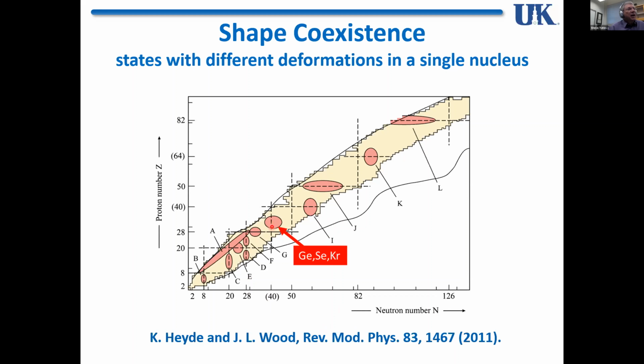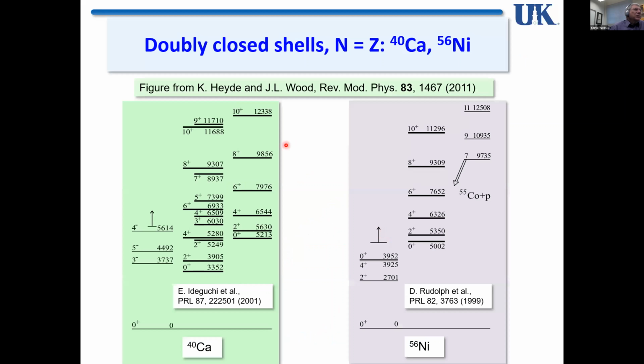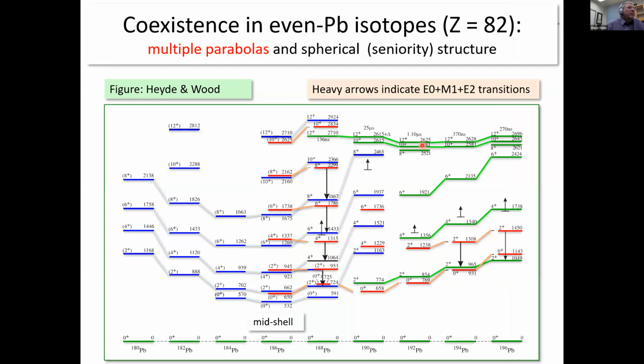And it's interesting how all of this occurred. But usually when we look at shape coexistence, we look at nuclei either at closed shells or near closed shells, and we see what clearly look to us like rotational structures like this 0+ band or this 0+ band. And so it becomes very obvious.